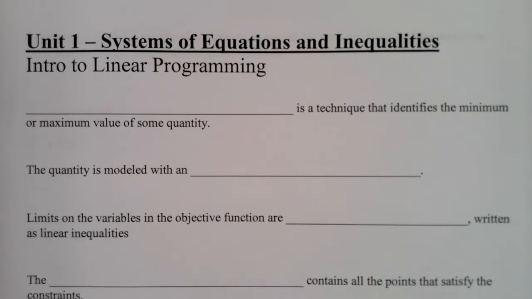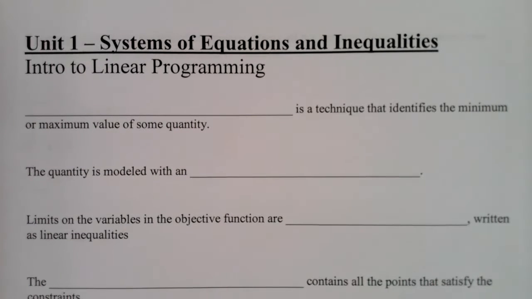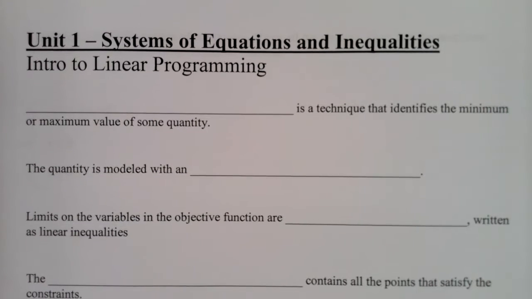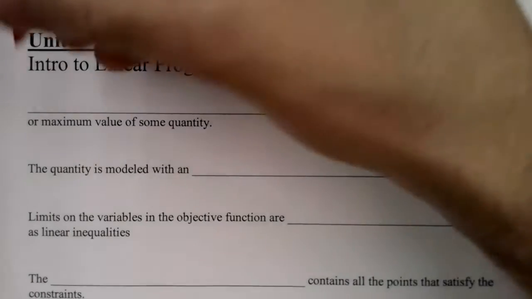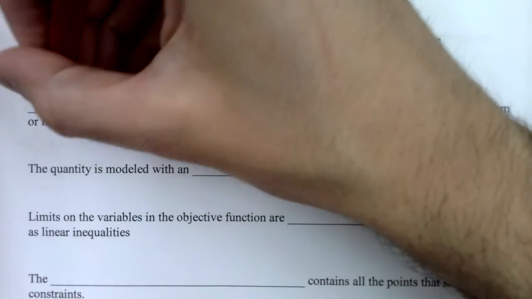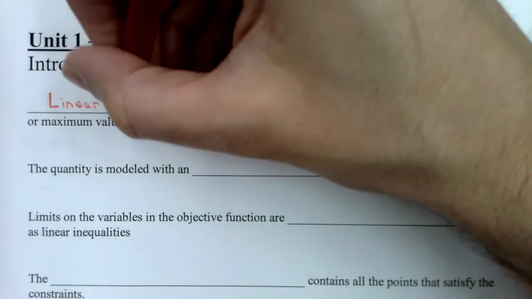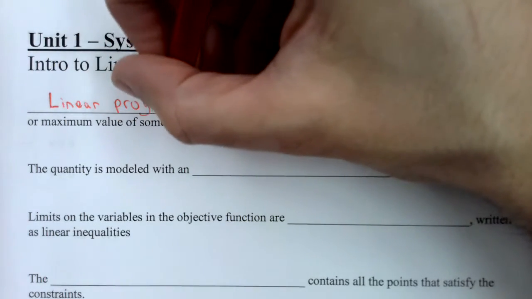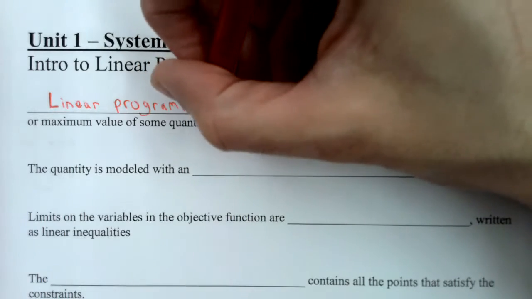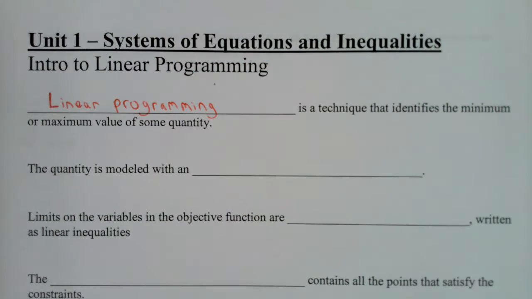Okay, this lesson is called Intro to Linear Programming. Now, this first definition is linear programming, not a surprise. Linear programming is a technique that identifies the minimum or maximum value of some quantity.